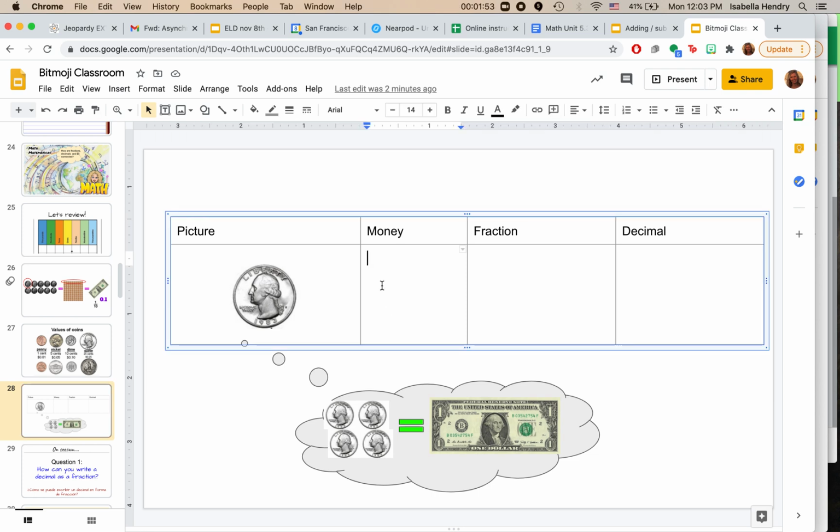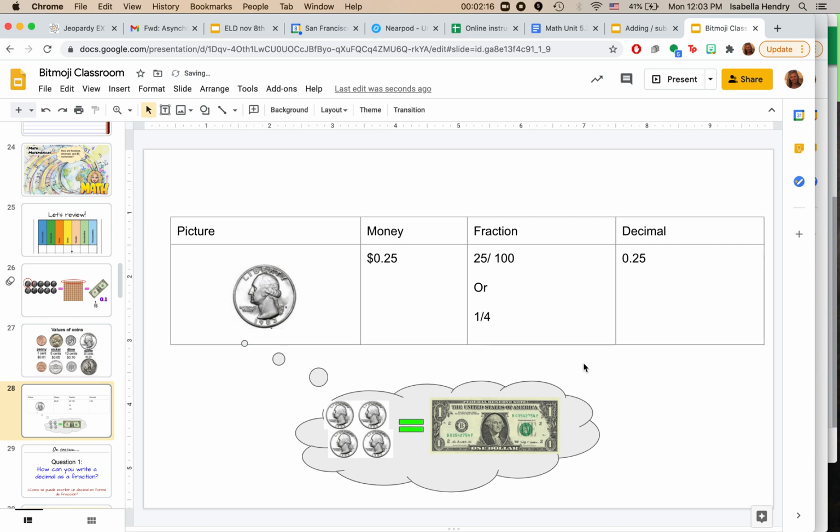So to write it as money, I would write 25 cents. It's 25/100ths of a dollar, or 1/4. These are equal to the same thing. And then I'll write it as a decimal, 0.25.